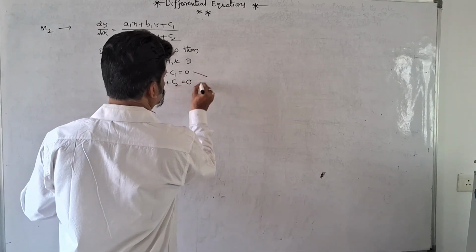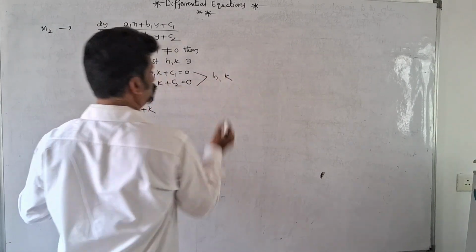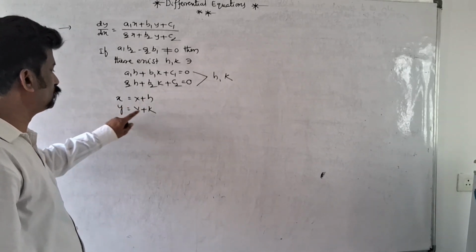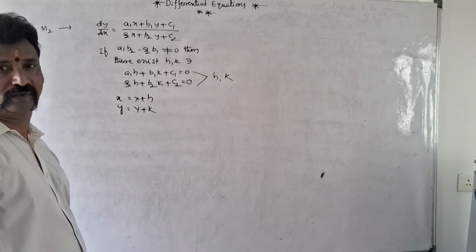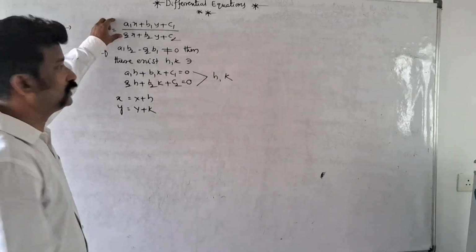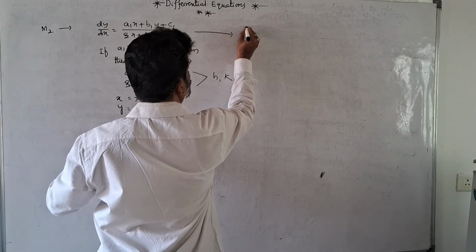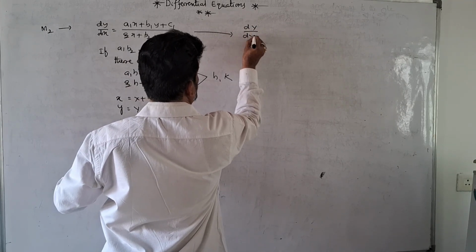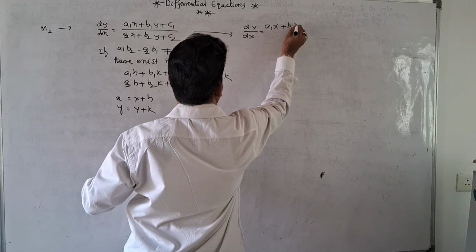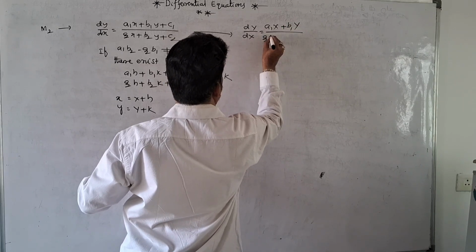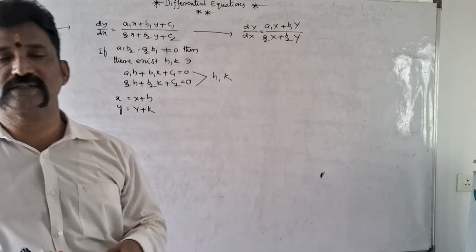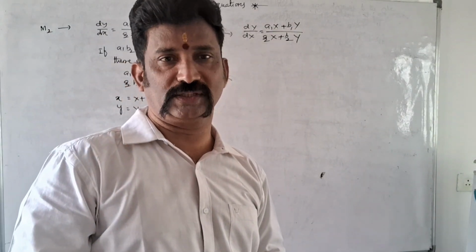Solve these two equations, and we get the values h comma k. Then small x is equal to x plus h and small y is equal to y plus k. Then substitute these two values in this equation. This equation becomes a homogeneous equation like this: dy by dx is equal to a1 into x plus b1 into y by a2 into x plus b2 into y. Then the old process, y is equal to vx, homogeneous equation.